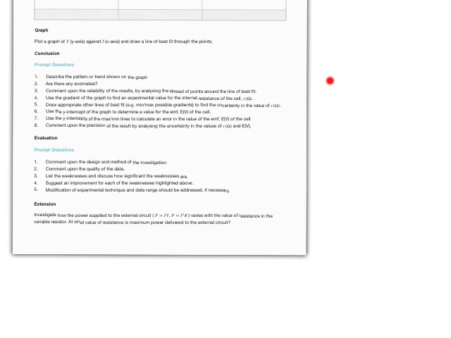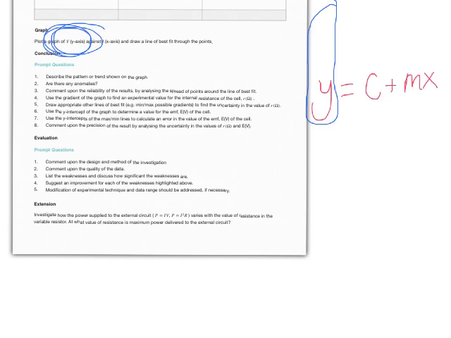Now if I try and linearize this to y = mx + c, what you should be able to see clearly is that if we put the potential difference V on the y-axis, as they ask here, and the current on the x-axis, which they ask for here, we are left with an intercept.